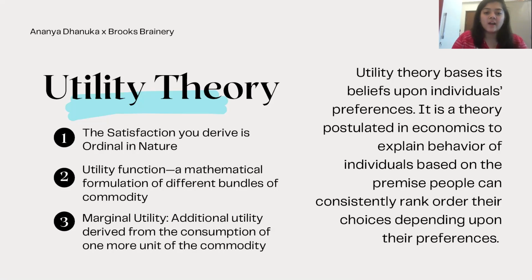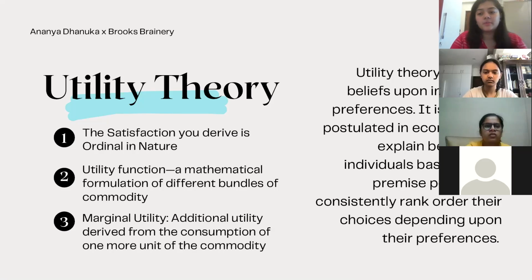Do you think the satisfaction that ice cream can provide you, you can put a number to it? Or how do you measure this utility if it's a technical jargon and we base an entire theory on it? Do you think you can provide a number? Okay, 20 rupees, or 20 something, is the satisfaction that having ice cream gives me. Can you do that? No, we cannot do that.